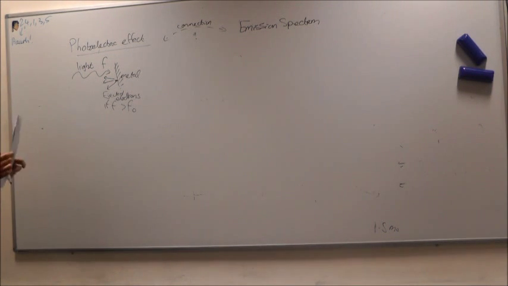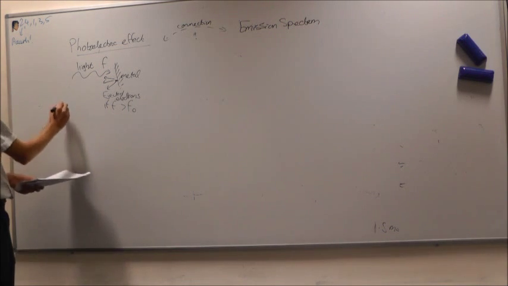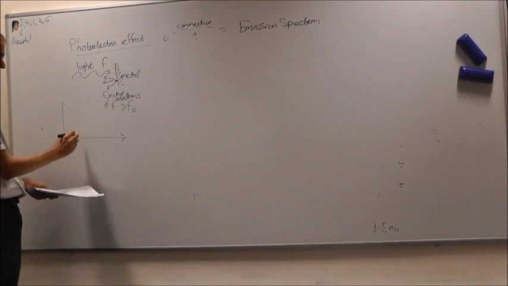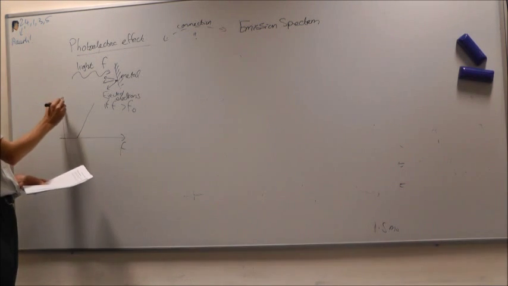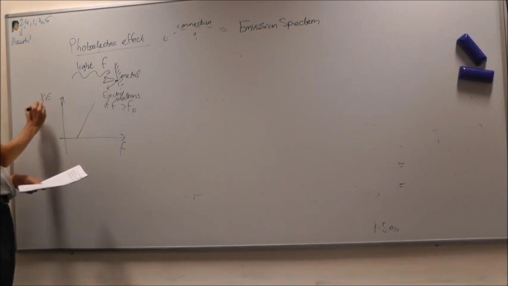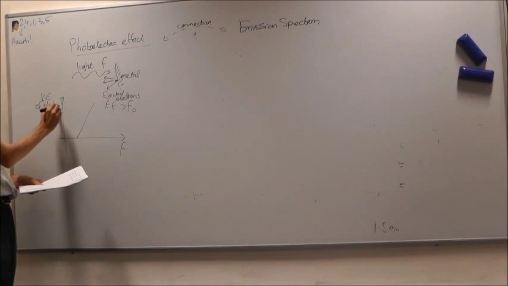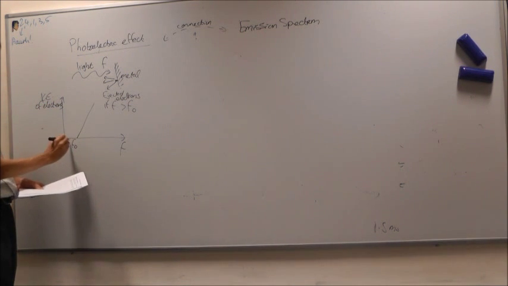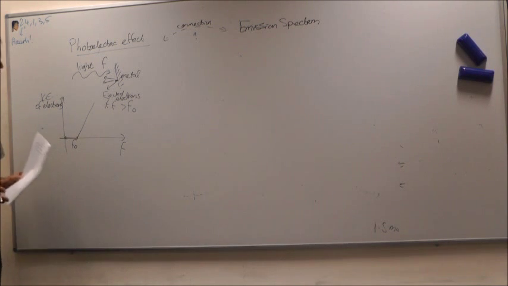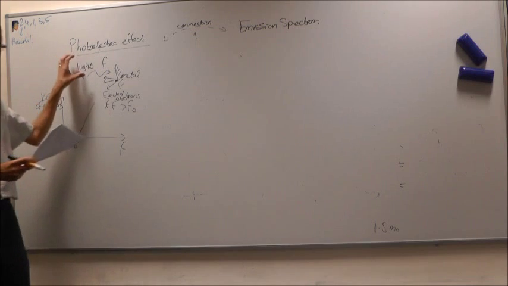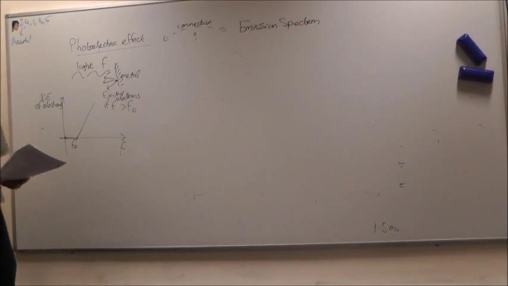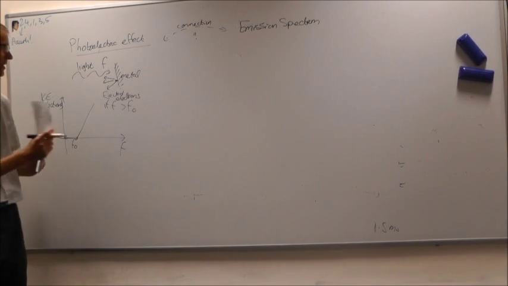So Einstein's explanation of what was going on, so we've got this classic diagram: frequency of light, kinetic energy of electrons, and there's this cutoff here. So Einstein's explanation, the key thing was that the light is coming in packets.